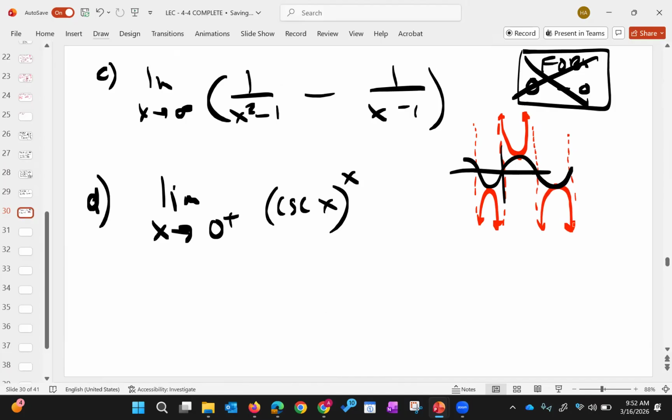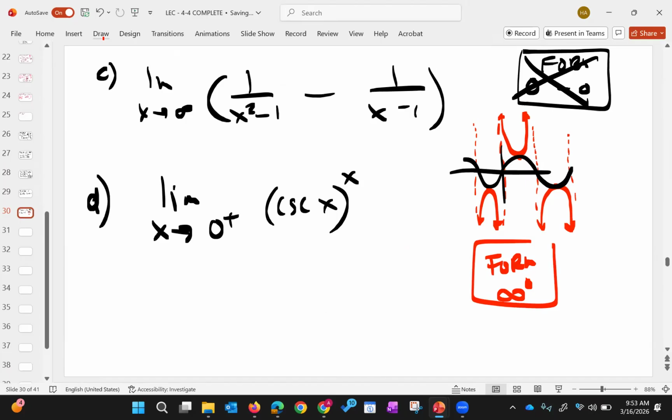So what is the limit as x goes to 0 from the positive side of cosecant of x? Infinity. And as x goes to 0 from the positive side, where does x go? Zero, absolutely. So this is an infinity to the 0 form.